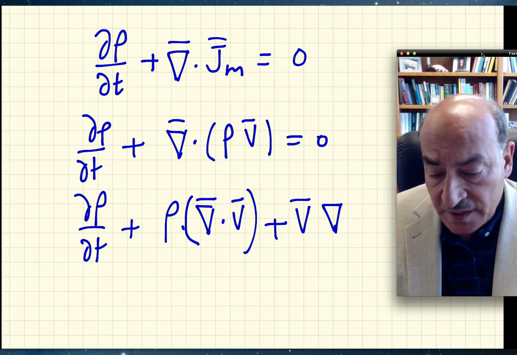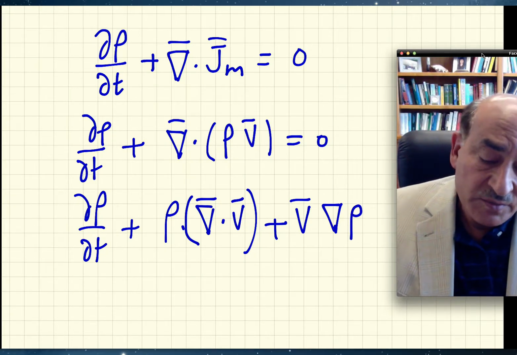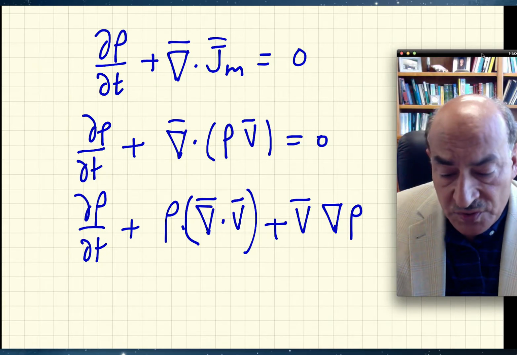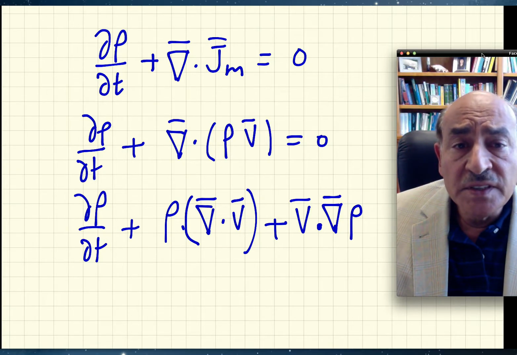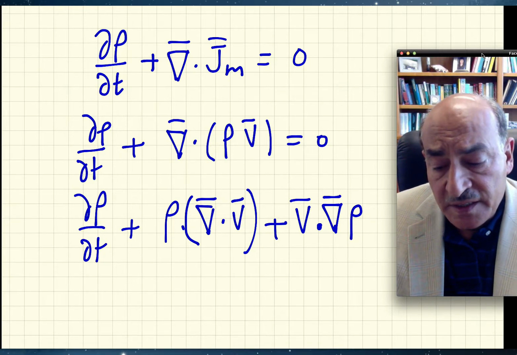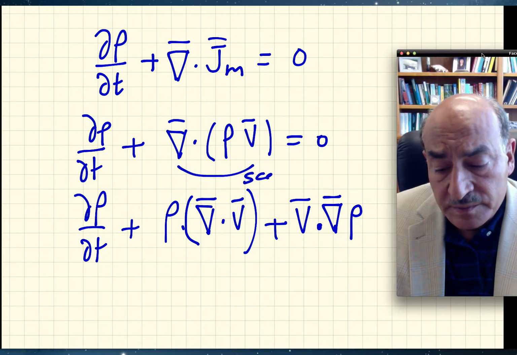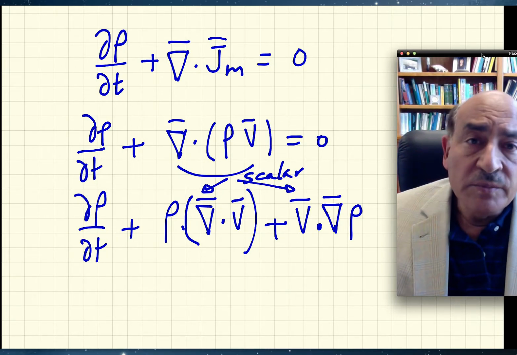I have here the gradient of the density, which is a vector, and the vector dotted with the velocity gives us a scalar, because originally this is a scalar, and you apply the chain rule, but you apply it so that the result is also scalar.